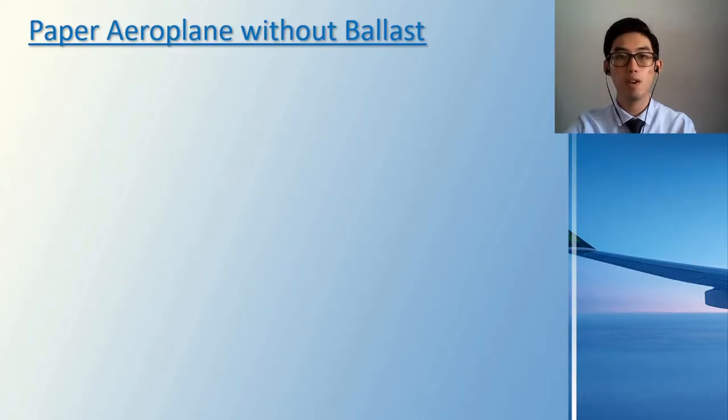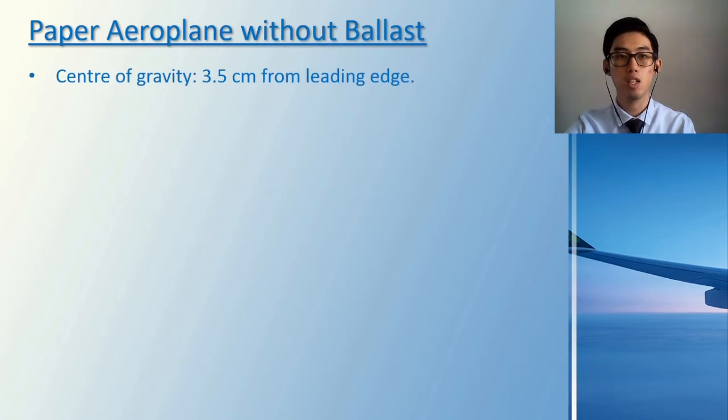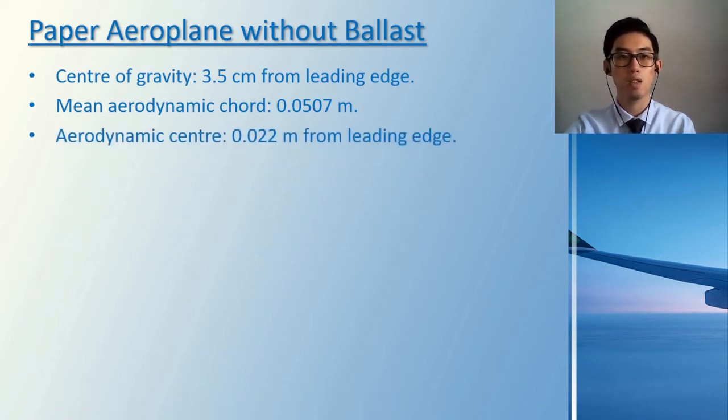For paper aeroplane without ballast, the center of gravity is determined by using a pen. CG is 3.5 cm from leading edge. The mean aerodynamic chord is 0.0507 meter. The aerodynamic center is 0.022 meter from leading edge.